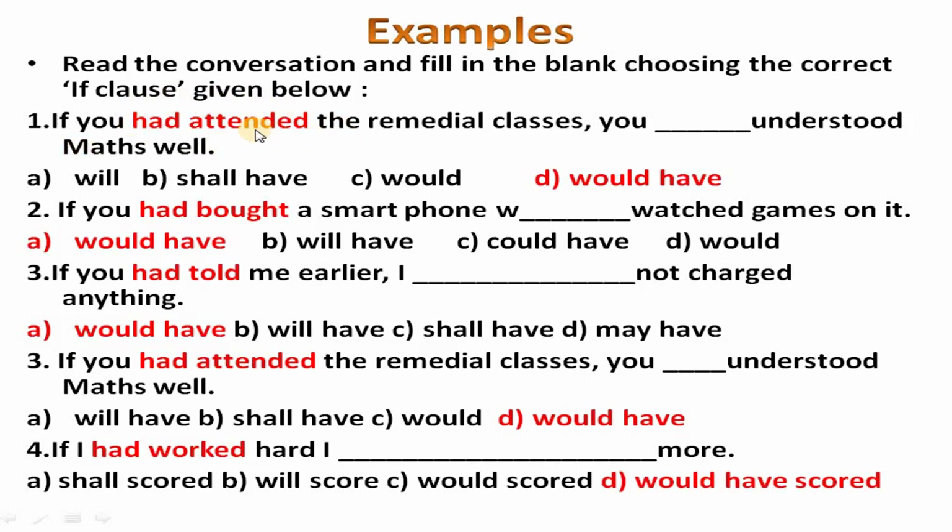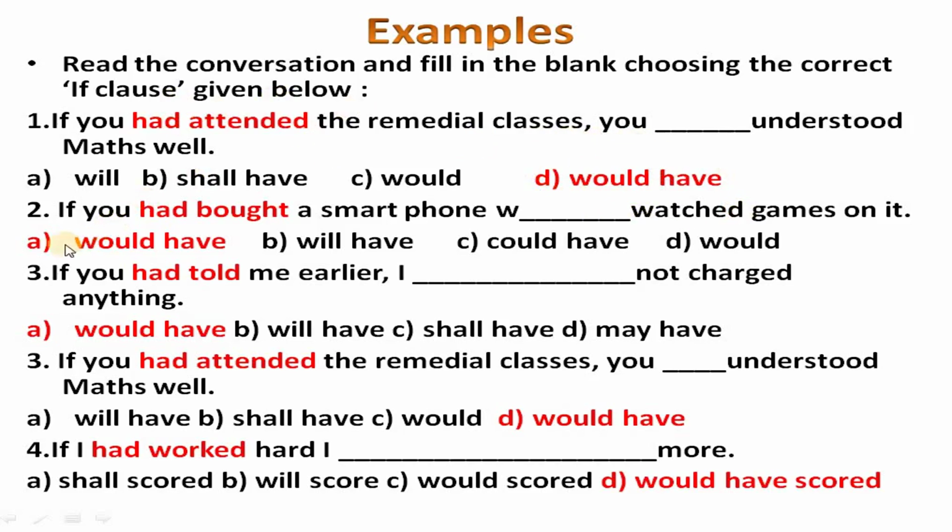It is the third conditional. That's why I told you whenever had is there, it will be would. Will is present, shall have is present, would is also present. But here would have is the main thing. That's why anytime had is there, you use would have.